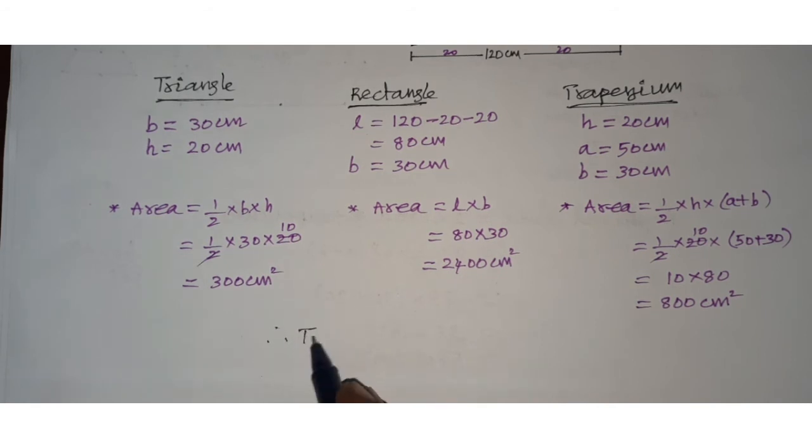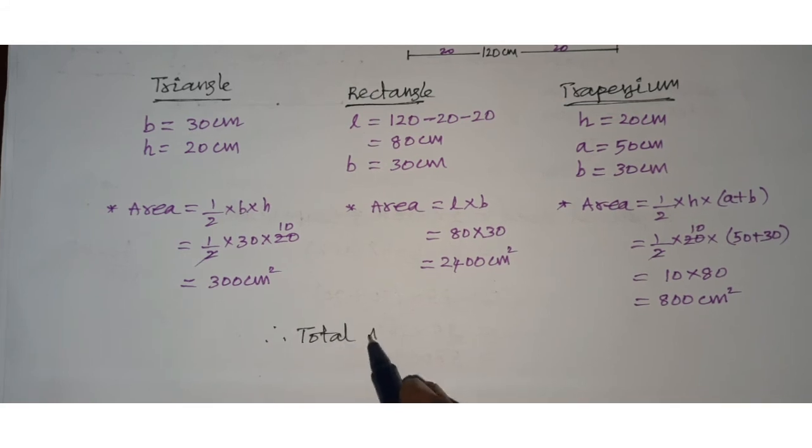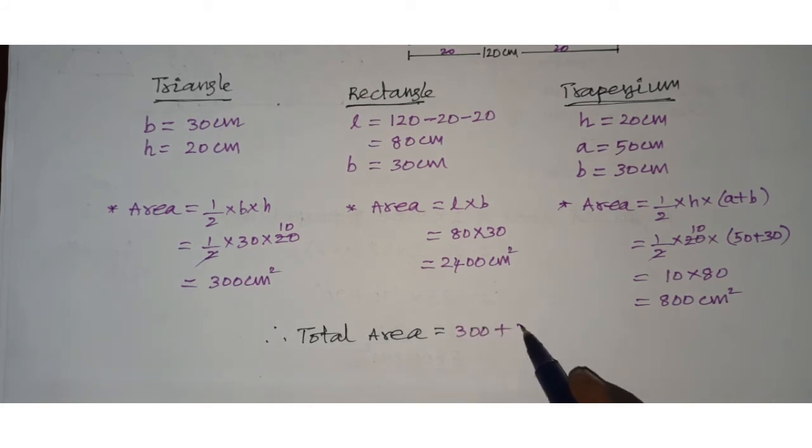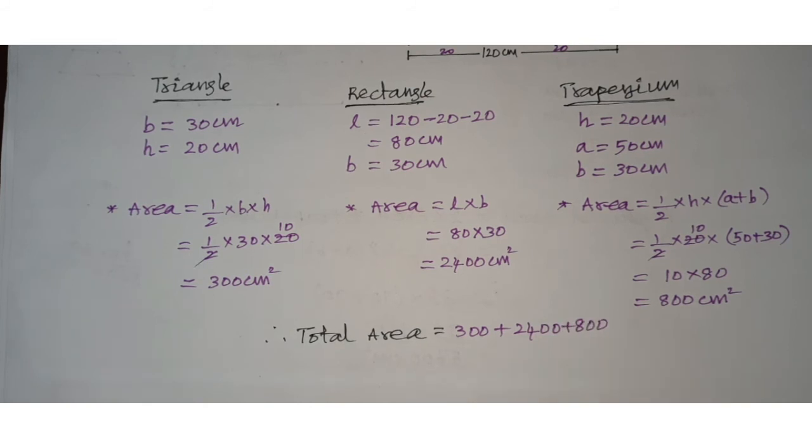Finally, the total area of the rocket equal to, we should add all the separate values: area of triangle plus area of rectangle plus area of trapezium. So 2400 plus 300 plus 800. So 2700 plus 800, 3500 centimeters square.